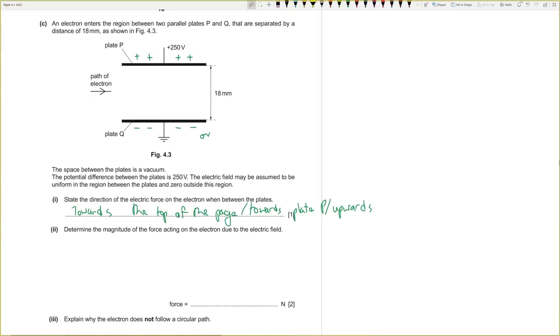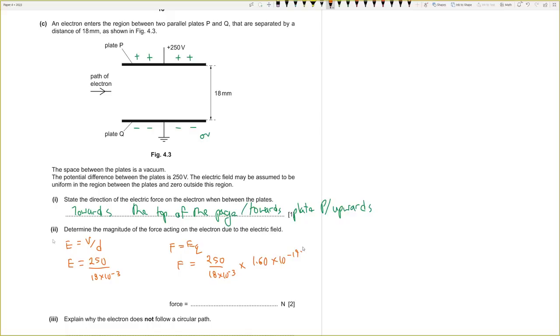Determine the magnitude of the force acting on the electron due to the electric field. So what's the electric field strength? We can find that out using this formula, E equals V by D, which is 250 divided by 18 into 10 to the power minus 3. Next, we know that F is equal to EQ. So F is 250 by 18 into 10 to the power minus 3 multiplied by 1.60 into 10 to the power minus 19.